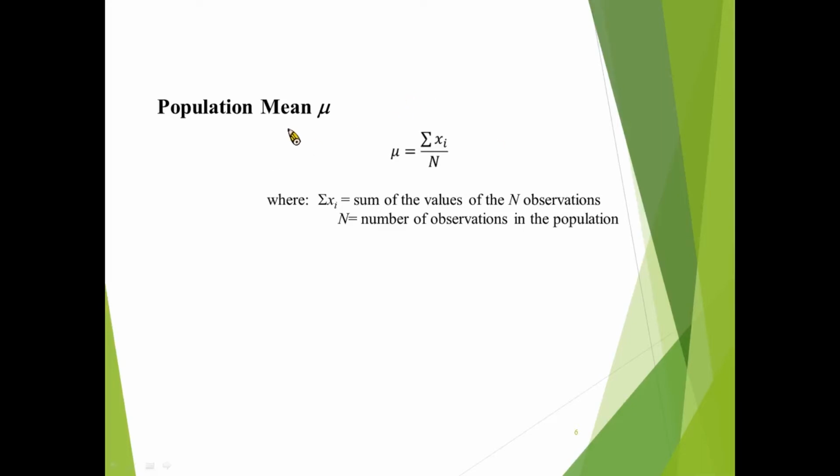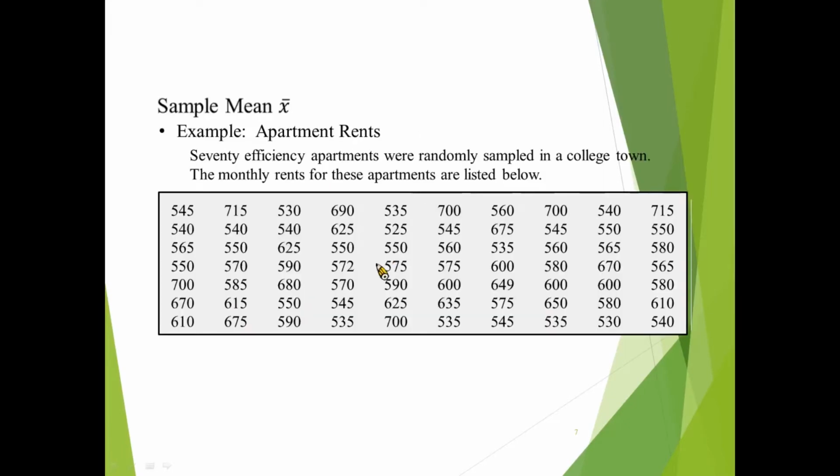Another one is the population mean, which is just different from the sample mean, with the population size instead of the sample size. One is the sample, the other is the population. Later we will run this sample in SPSS. Here is one example, called apartment rents. The question: 70 efficiency apartments are rented in a sample in a college town.